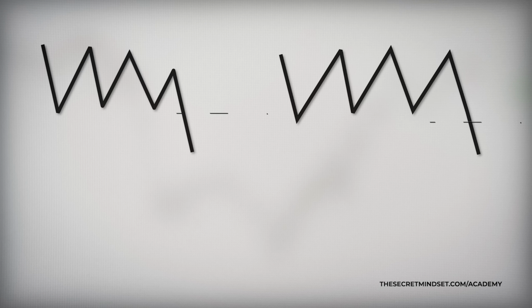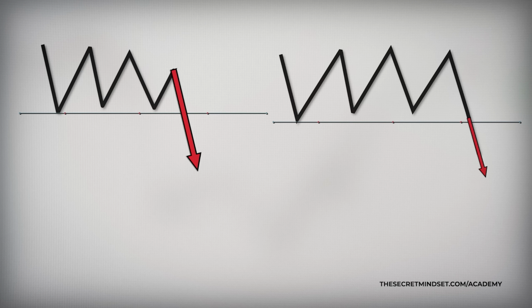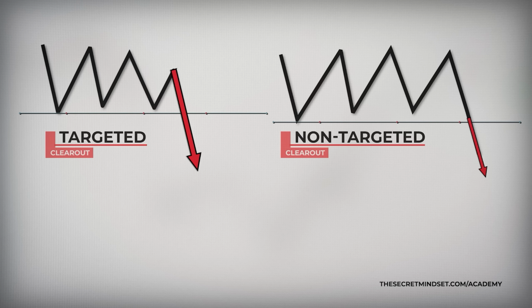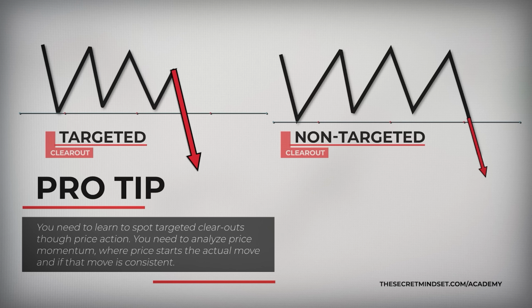There's a difference between a targeted and a non-targeted liquidity clearout, meaning triggered by a market maker or triggered by the overall market action. On the left side, we have a targeted attempt, and on the right, a non-targeted one. The difference between strong, quick moves initiated by the smart money and the move triggered by the overall market action is usually spotted depending on where price starts the actual move and if that move is consistent.